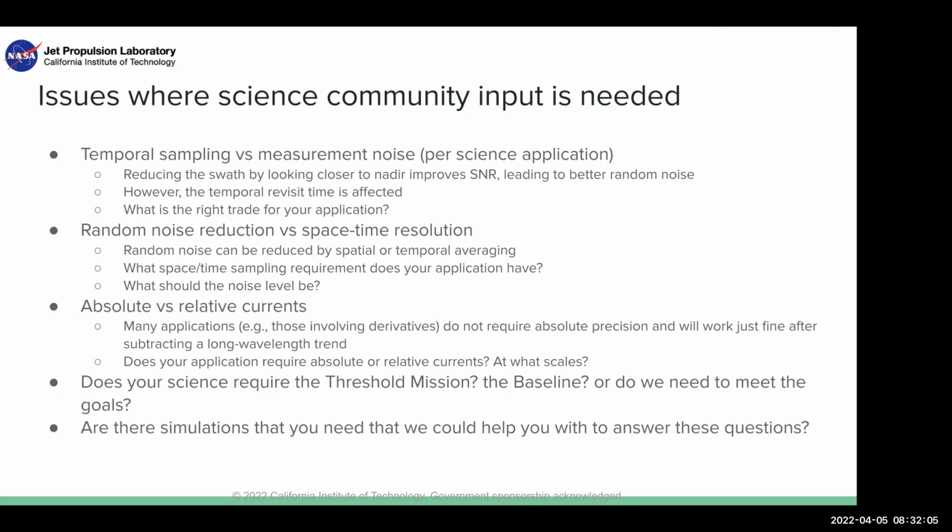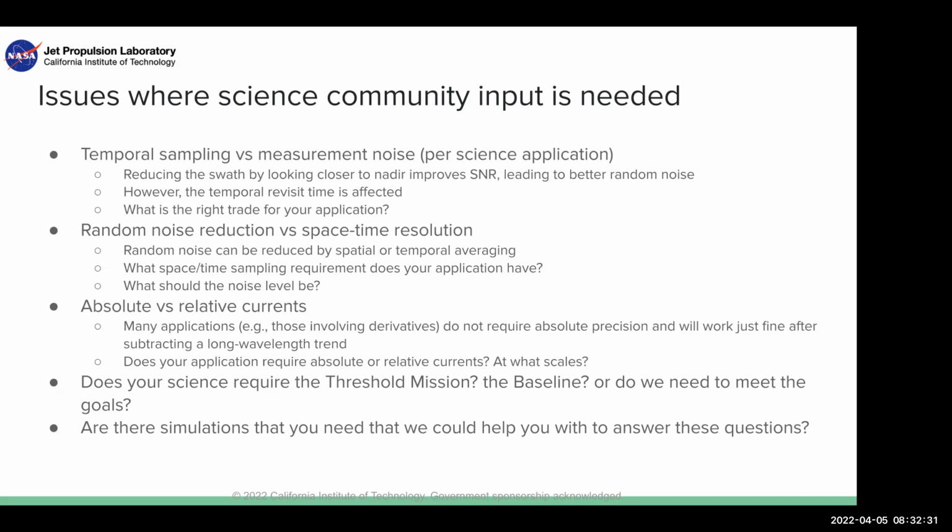However, you may get fewer than 2 samples per day, and your ability to resolve things like near inertial oscillations may suffer. So the question to you is, what is the right trade between instantaneous noise in both winds and currents and temporal sampling for your application?